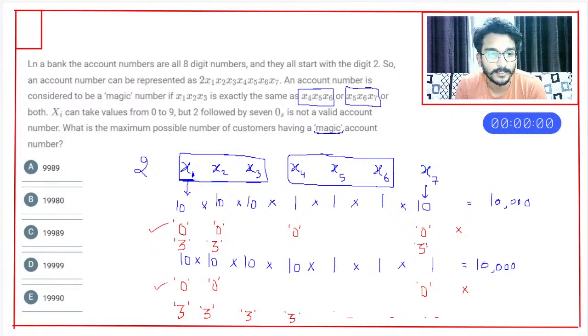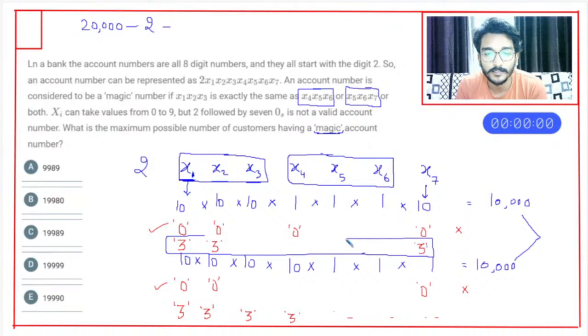So total, let's just subtract the numbers. Total there is 10,000 and 10,000, 20,000. I have to subtract these 2 cases from that where the digits are 0. And I will subtract the remaining cases. Basically, I need these cases.